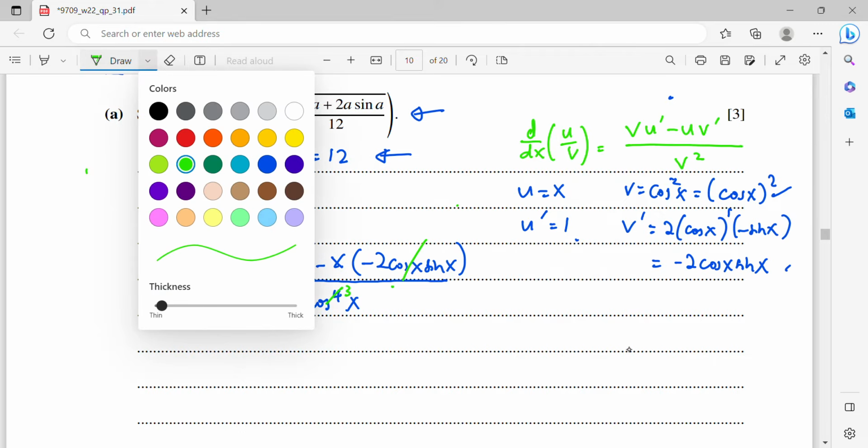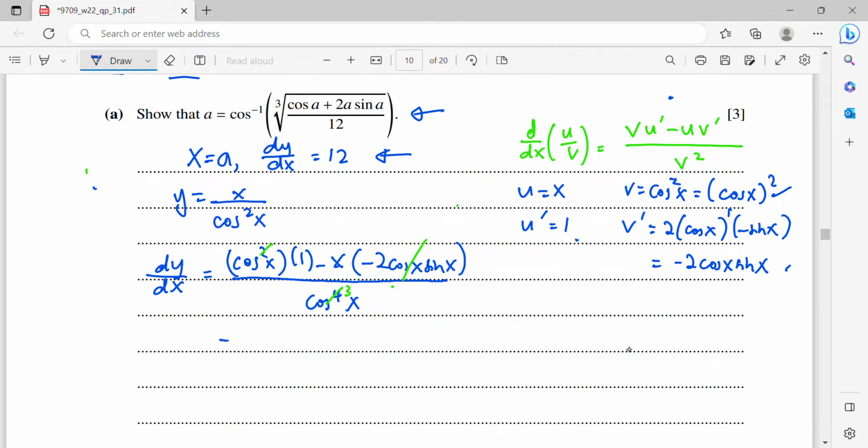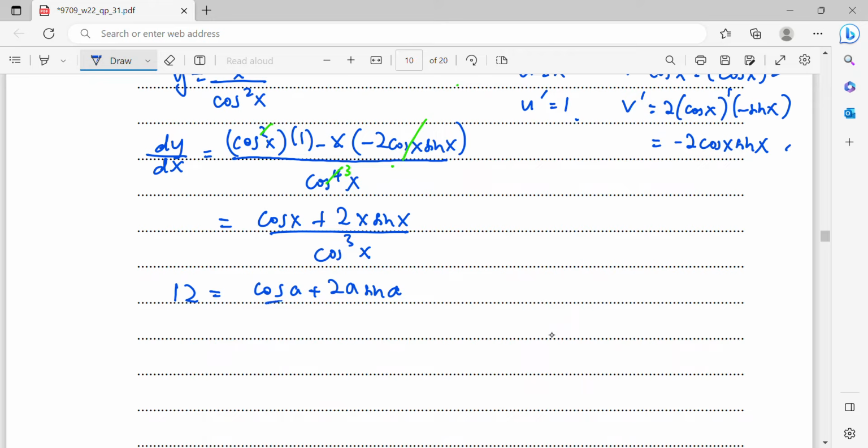So now I will get cos x plus 2x sin x over cos degree 3 x. Now replace the x value and the dy/dx value. So dy/dx is 12 when x is a. So I'll get cos a plus 2a sin a, then over cos cube a.